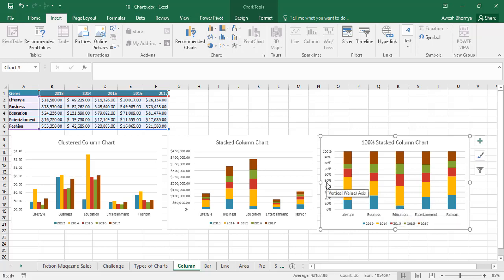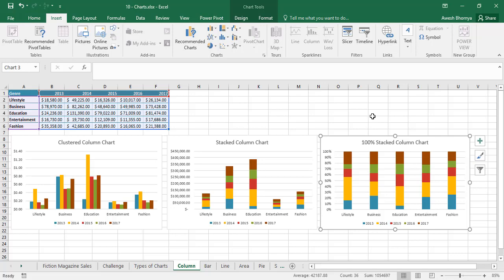So these are certain insights that you can actually draw from just one single graph. I have created this graph, and there are so many insights you can draw from these three graphs. So I have tried to give you a clear and practical application of all these three charts.